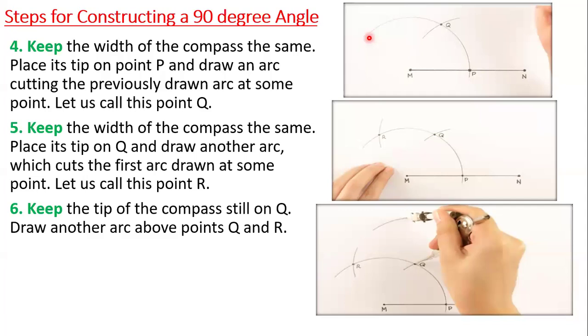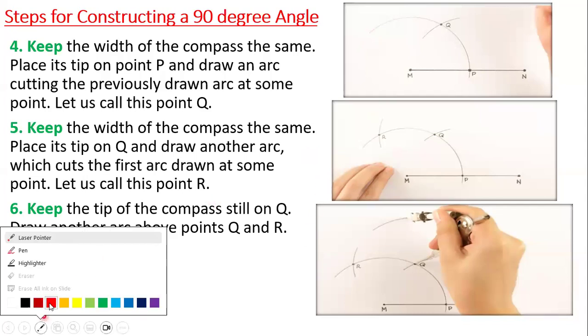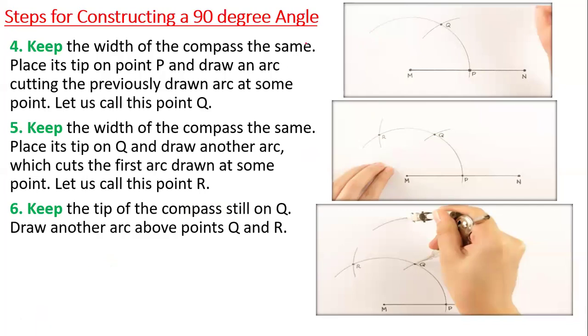Okay. So what we have here is, let me repeat the steps again so y'all understand what's happening. We draw our point, our vertex at M. We did a line to the right, right?